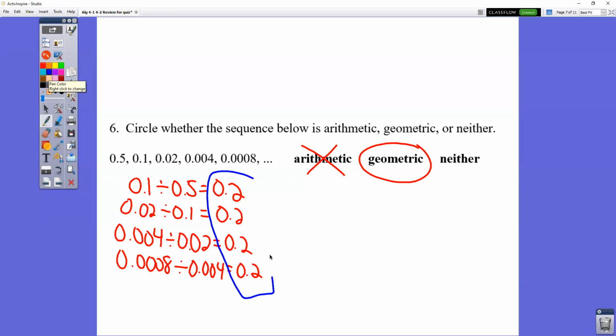Because all of them had a common ratio of 0.2, that's what makes it geometric.